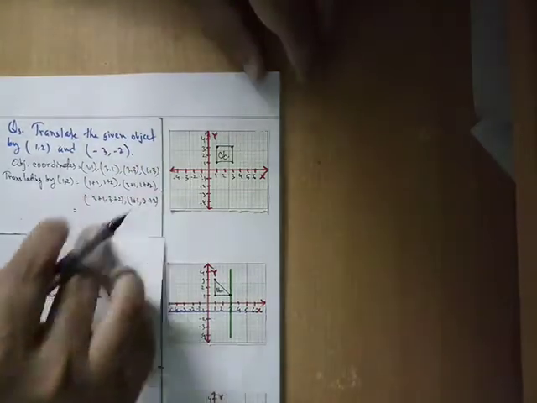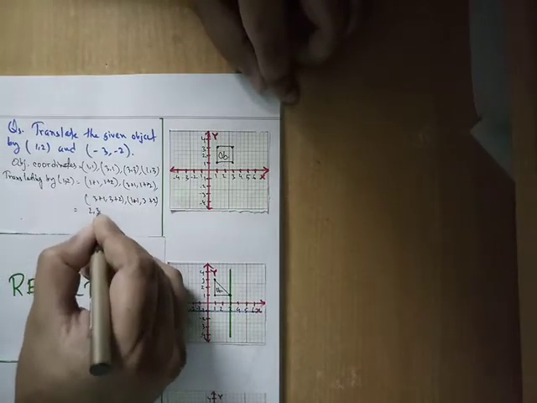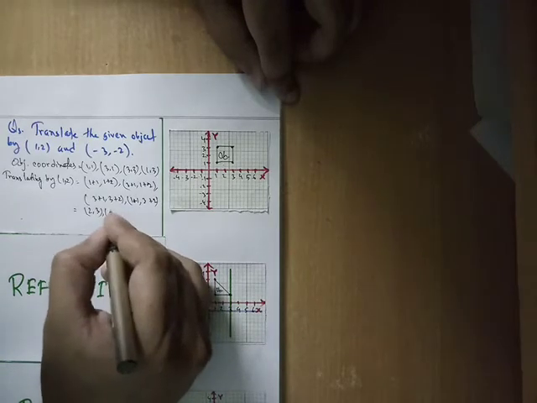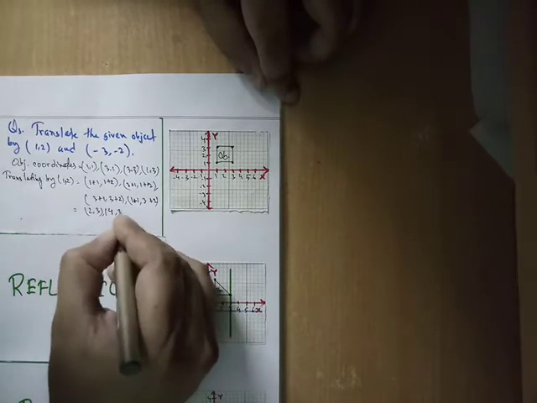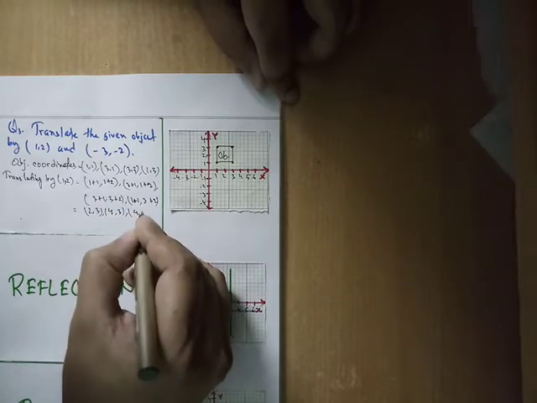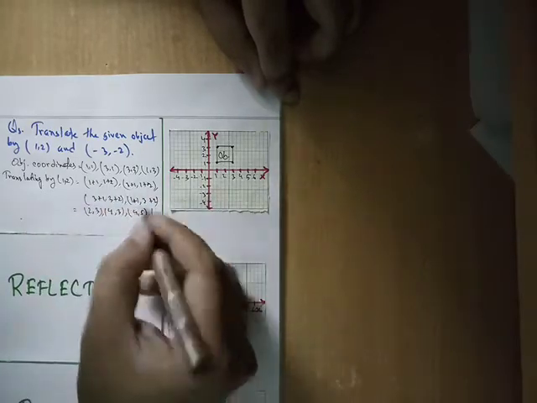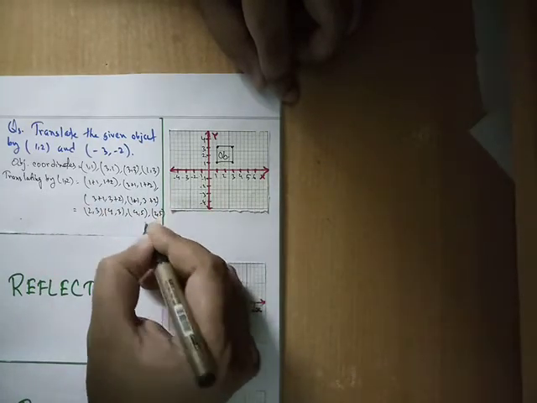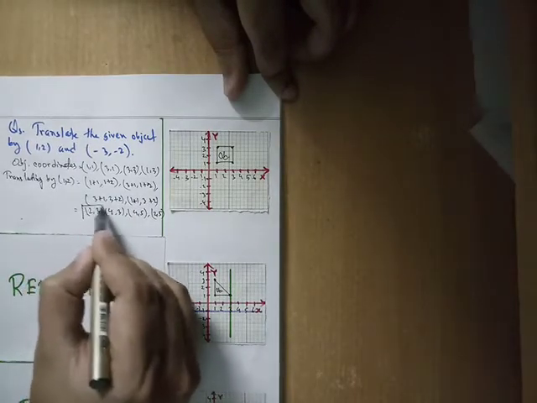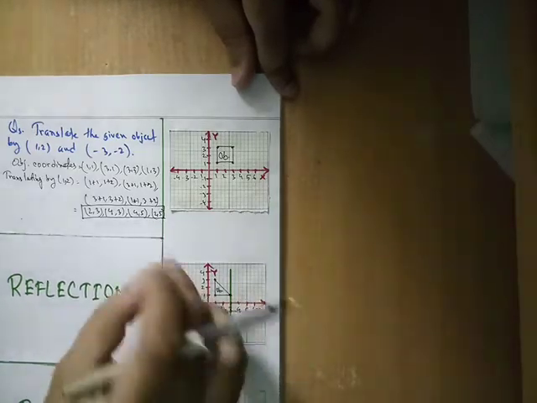Now if I add them all up, 1 plus 1 is 2, 3, then 4, 3, 4, 5, and the last one is 2, 5. Okay. So I have my new coordinates of the image of this object.